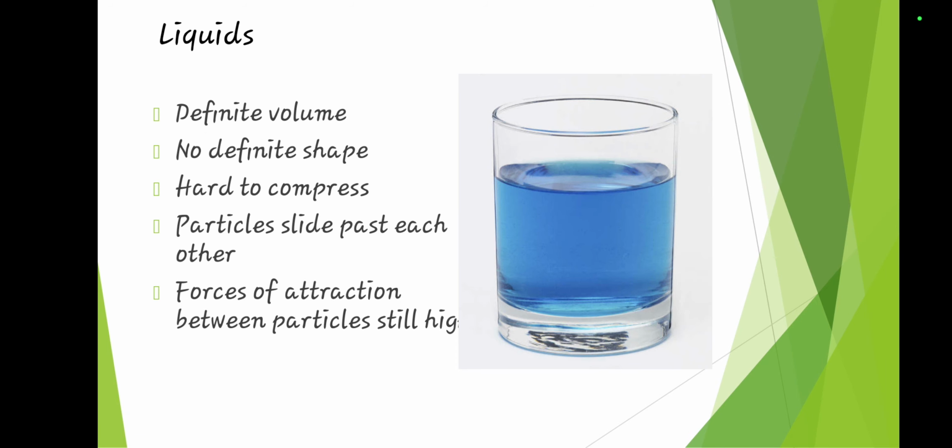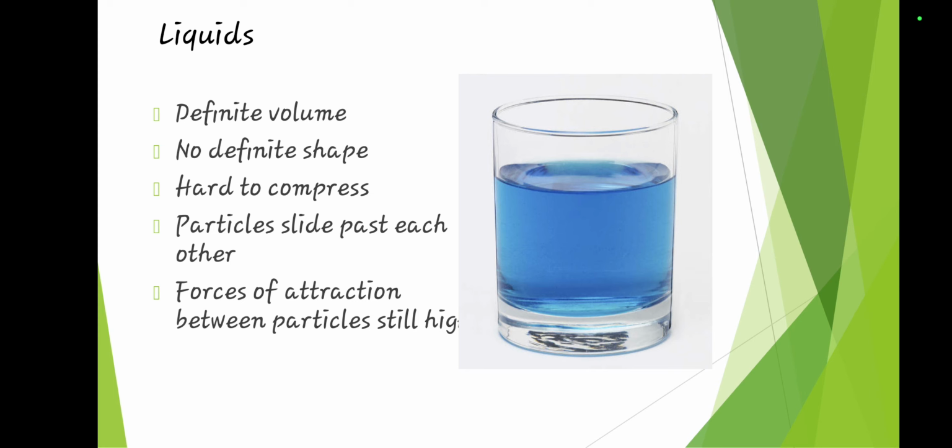Next, we have now liquid. When we say liquid, of course, it is water to begin with. If you're trying to figure out what is liquid, literally, it has a definite volume but no definite shape. But there's an exception to that.